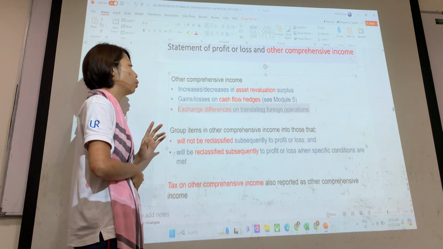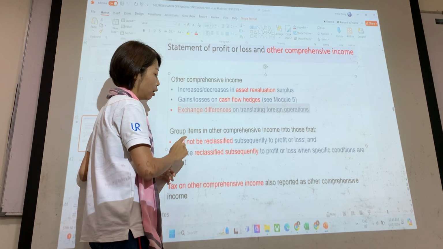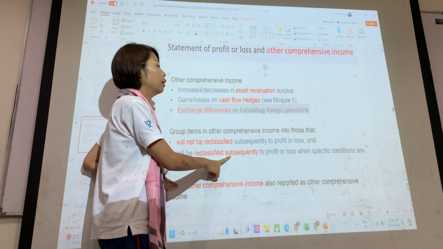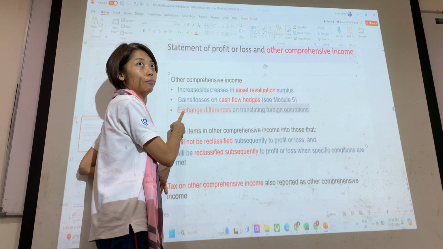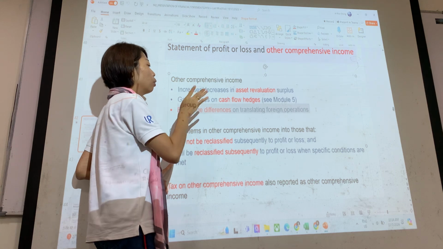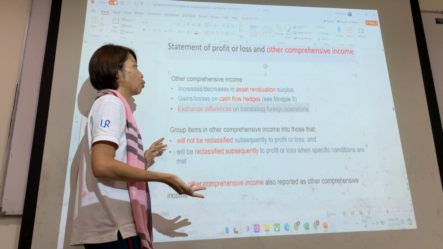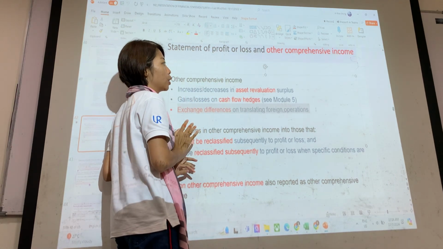Reclassification adjustment will only happen for the account title that falls under this category, will be reclassified subsequently. Luckily for the CPA scope, we only have this as an example. This is the only thing that we will learn for RA. So whenever you have a question on whether this has RA or no RA, revaluation surplus for sure, forever, has no reclassification adjustment.